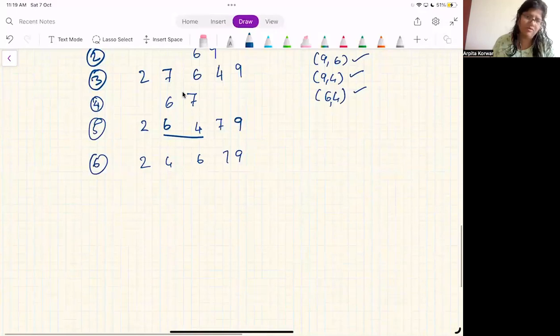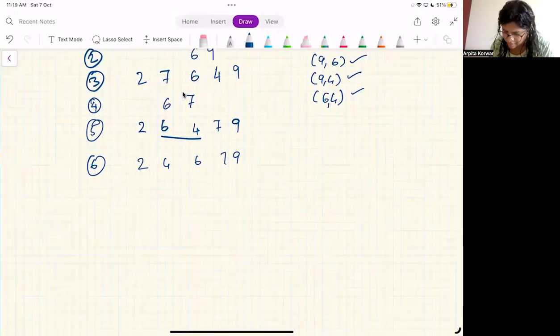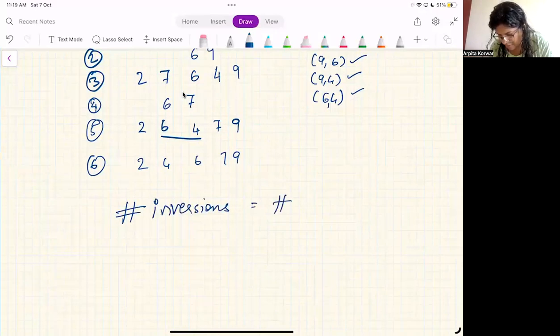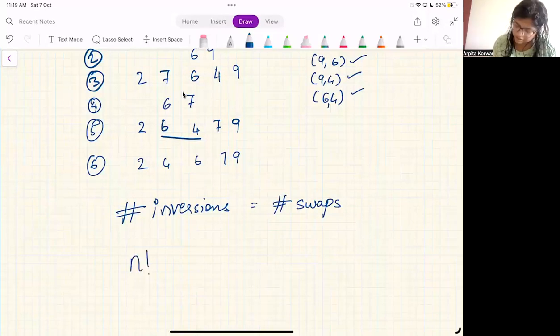So how do we count the number of inversions? The number of inversions depends on the permutation, and you have n factorial permutations. So you have to basically count the average number of inversions.